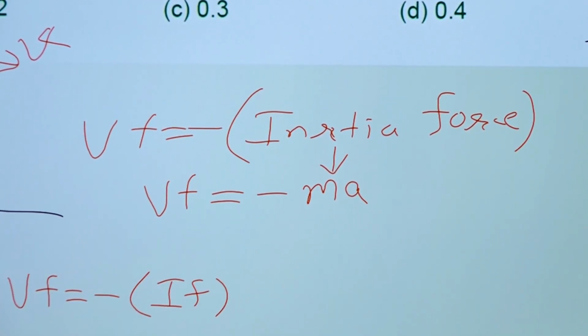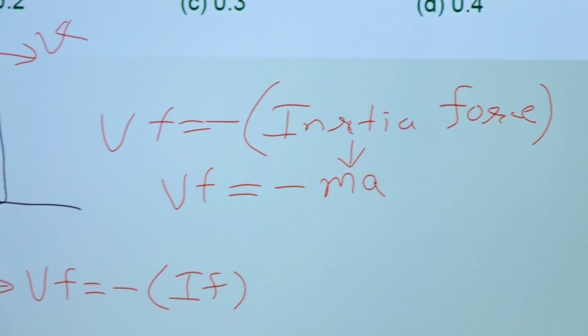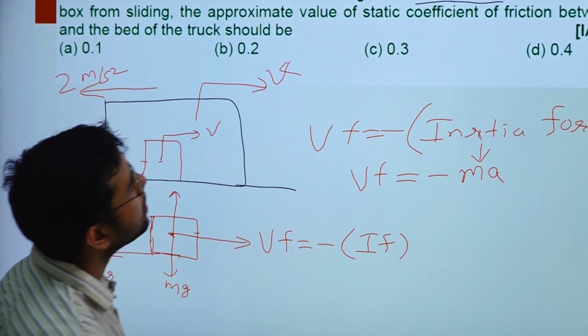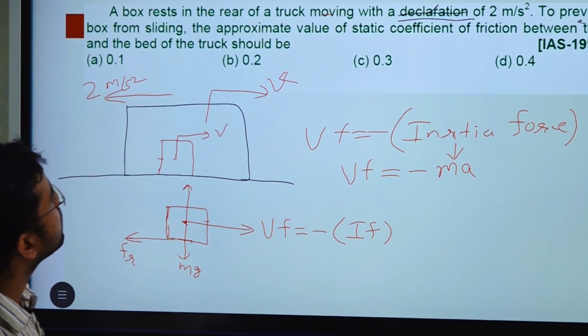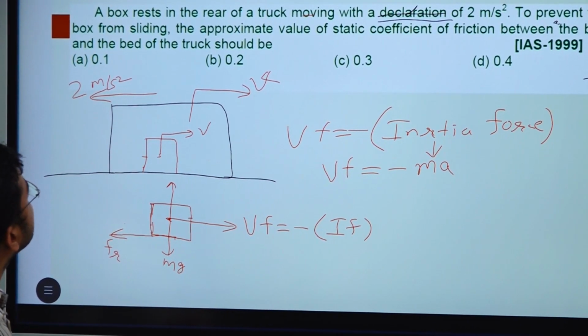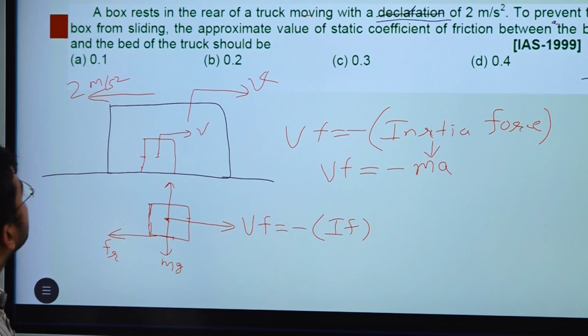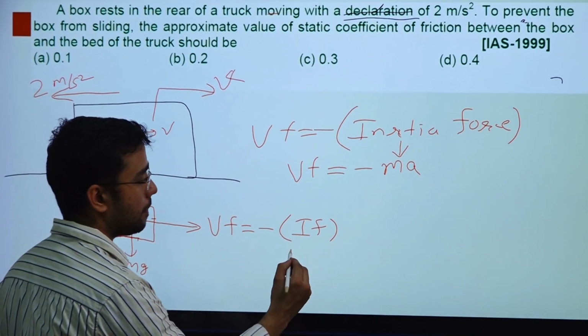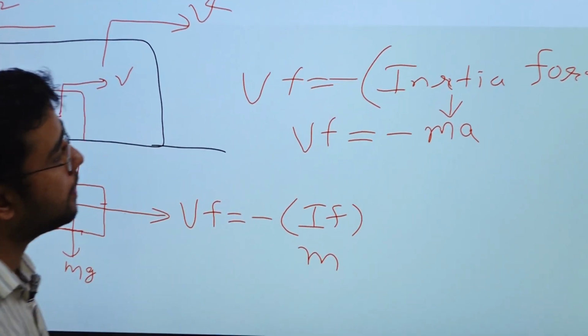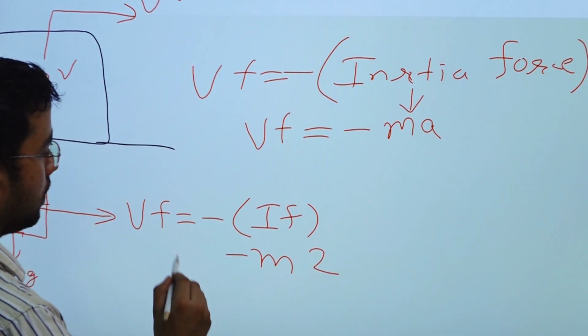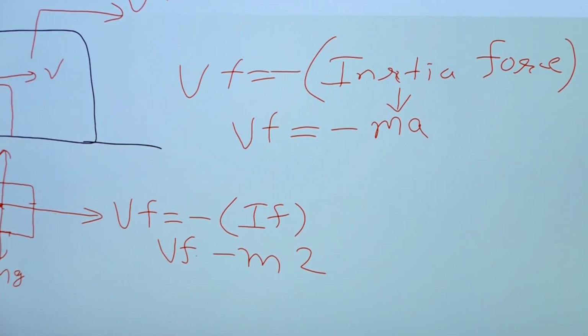A is the acceleration, or deceleration. Suppose the mass is m, m into a, where a is the acceleration, equal to 2. That is the virtual force.